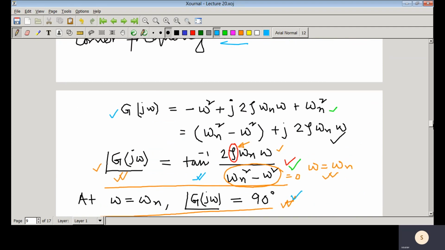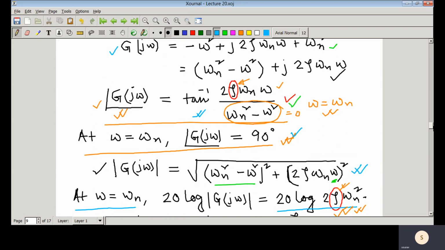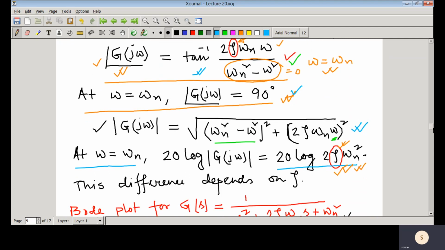Now one interesting thing that we discussed in the last class: if we calculate the actual magnitude, it is this one, omega n square minus omega square. At omega equal to omega n, that means at the corner frequency, this term would be equal to 0, but the other term would be there, and that depends on the zeta value.